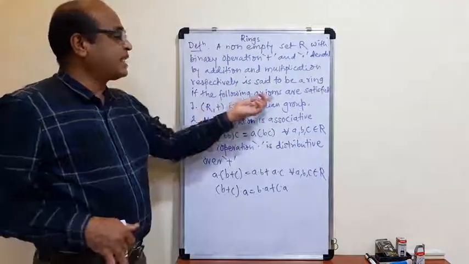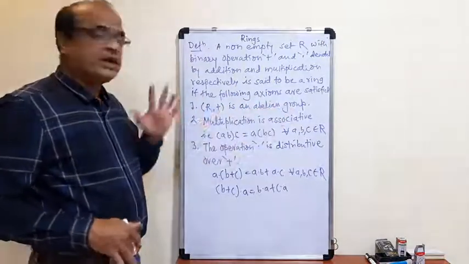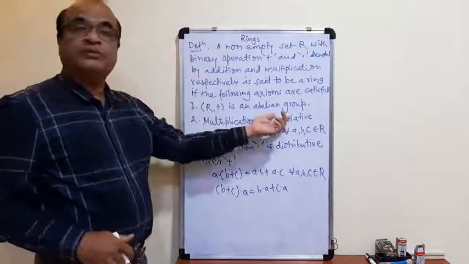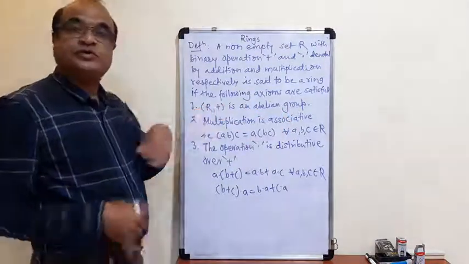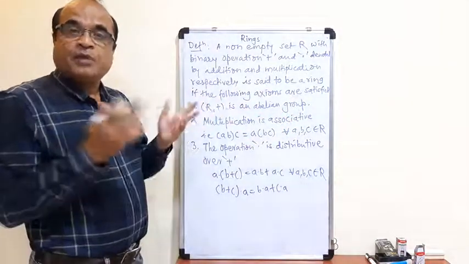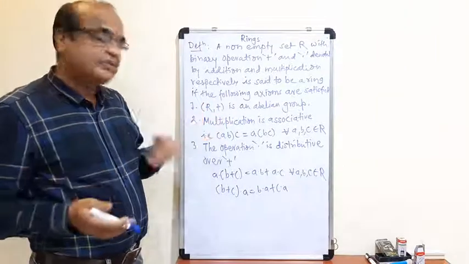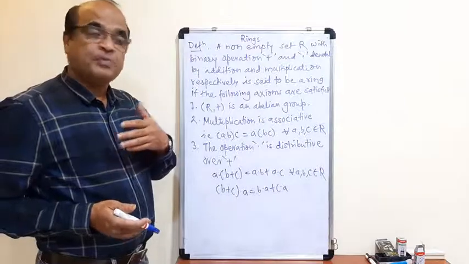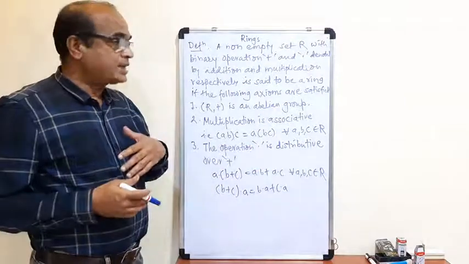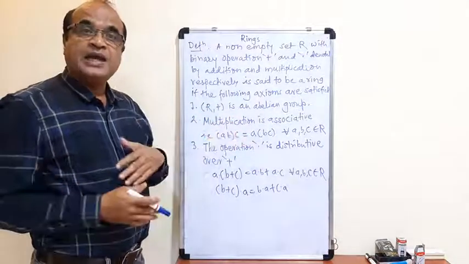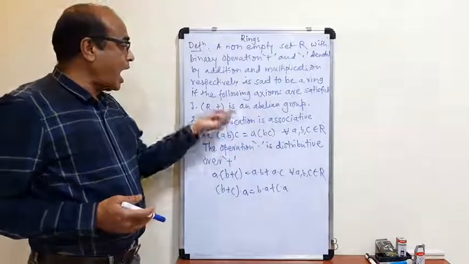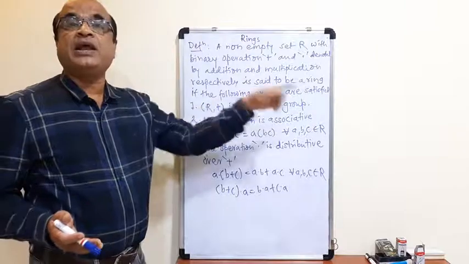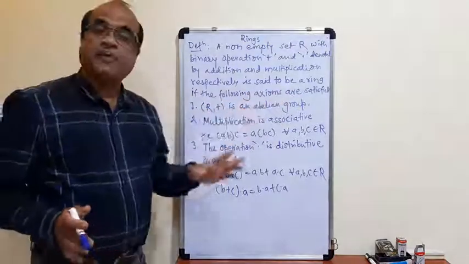Addition is associative in a group. What are the axioms in a group? Closure property, associativity with respect to addition, existence of identity, existence of inverse, and the commutative property. Then R plus is an abelian group.